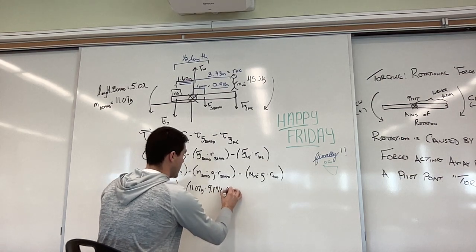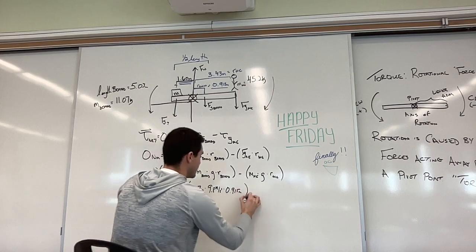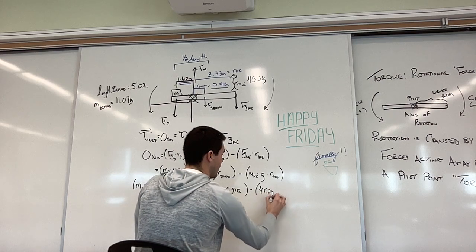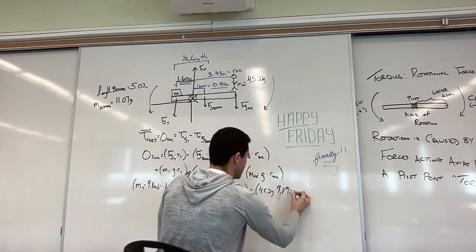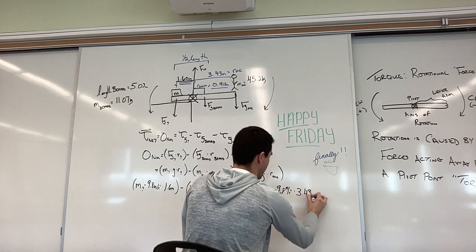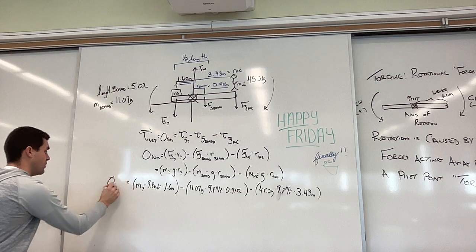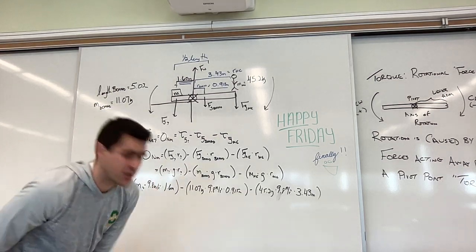We used algebra to tell us it was 0.915 meters. And then lastly, me, which is 45.2 kilograms, times g, which is a constant, 9.8 meters per second squared, times the distance to me, which is 3.43 meters. I have it. This is all equal to 0 newtons times meters because we're not changing our rotational motion.